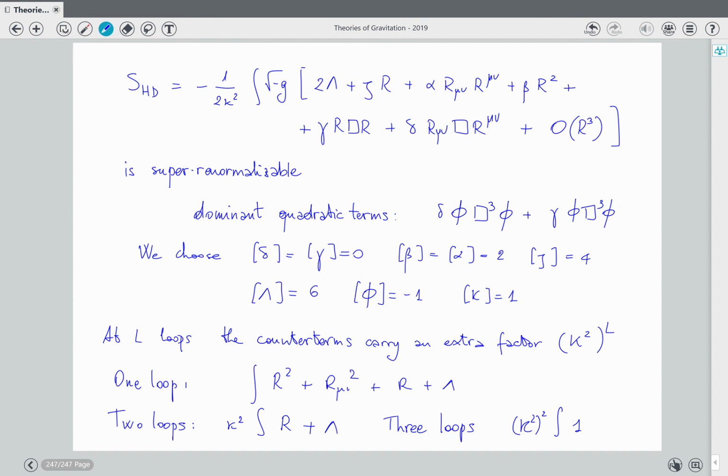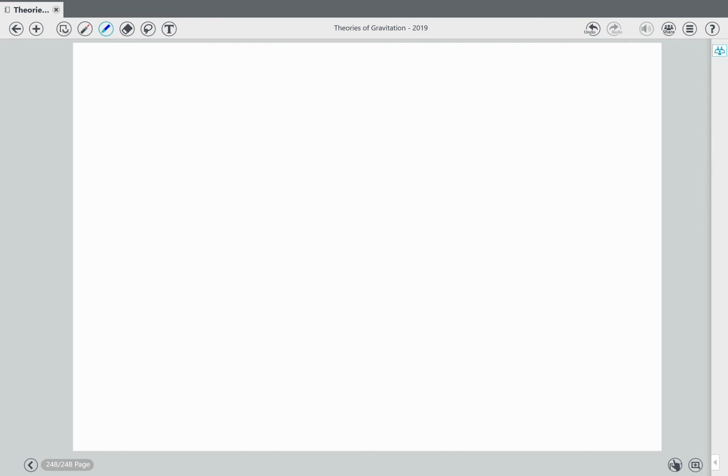However, all these theories have a problem. These theories have a serious problem with unitarity.